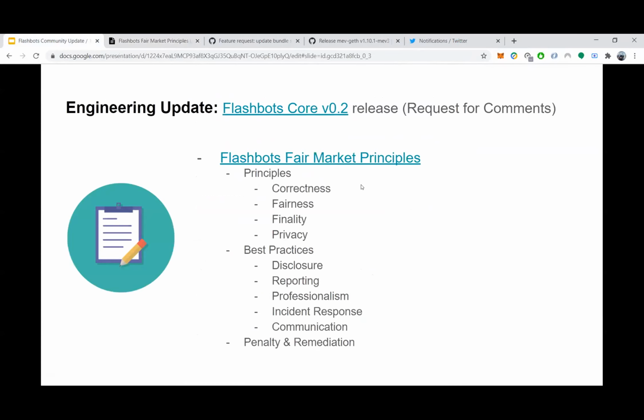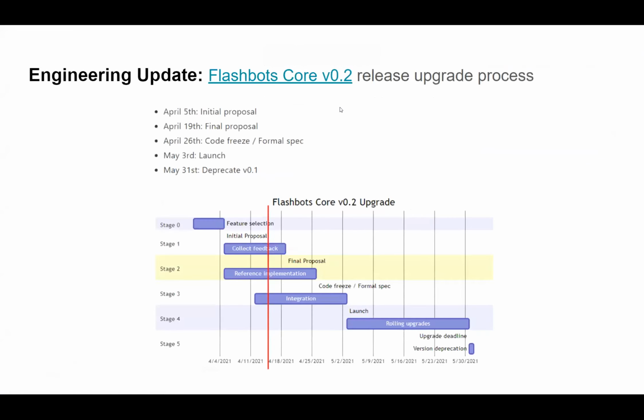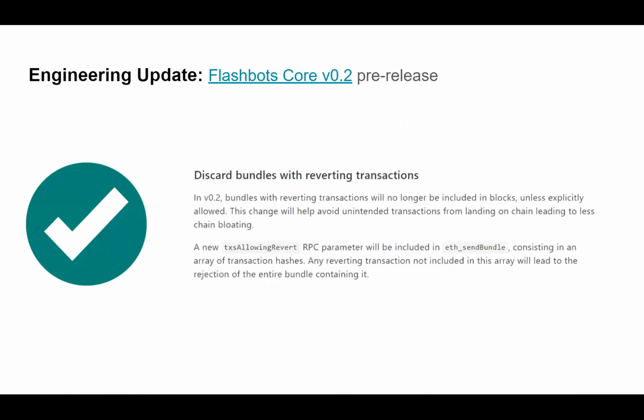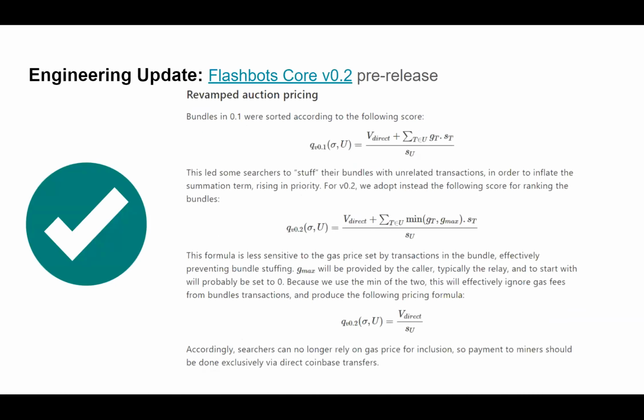So for the V0.2 release, the proposal has a timeline, and it's expected to be launching towards the beginning of the month of May. We're still in the phases of collecting some feedback and building the reference implementation. And we've actually released a pre-release to the miners that includes some changes to the bundle pricing algorithm, as well as the ability for all bundles to be atomic and to never revert on-chain.